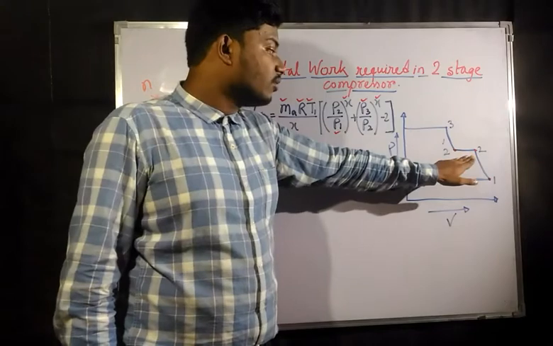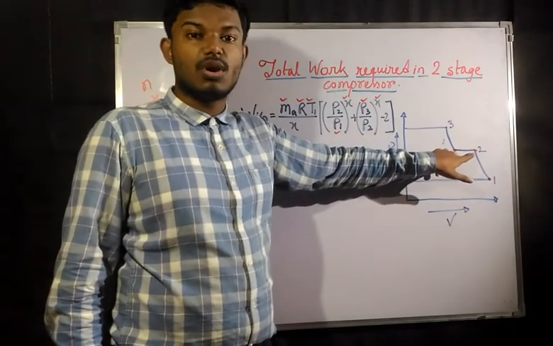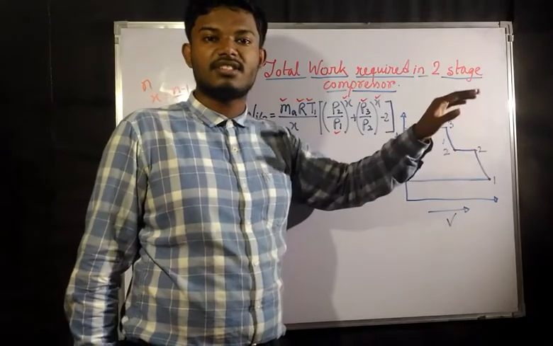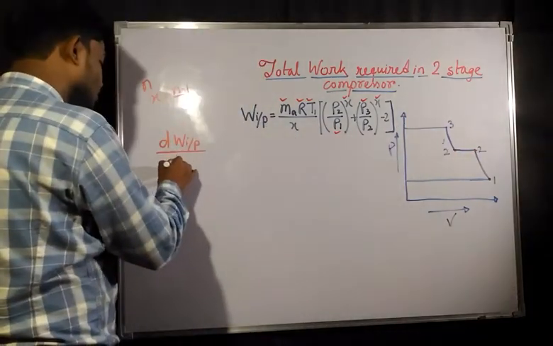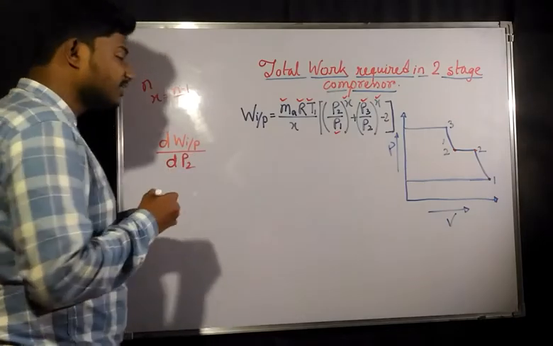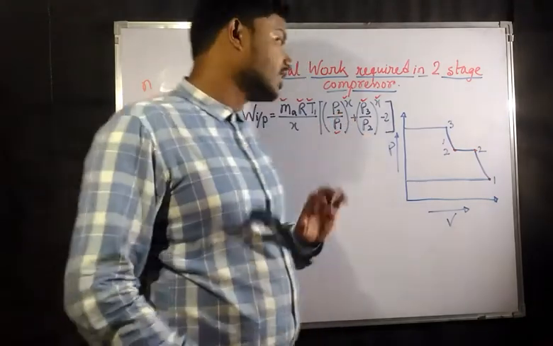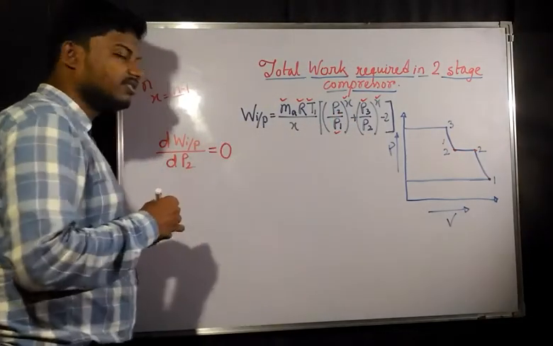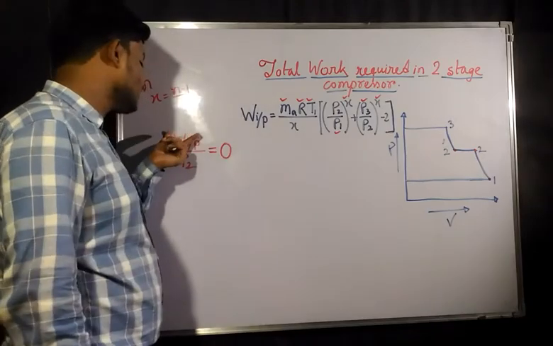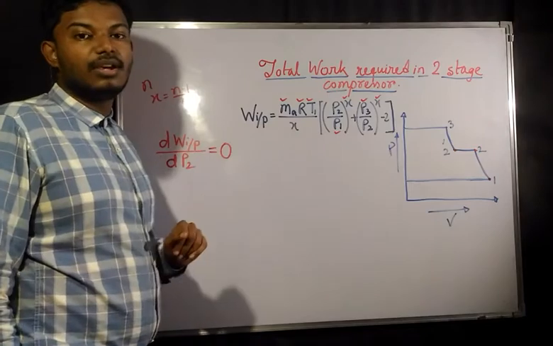So the only variable here is the pressure at point 2, that is, the pressure to which we compress after the first compressor works. So if you differentiate this with respect to P2, you can find the work input conditions, and you must equate it with 0, because for a minimum, the derivative should be equal to 0.